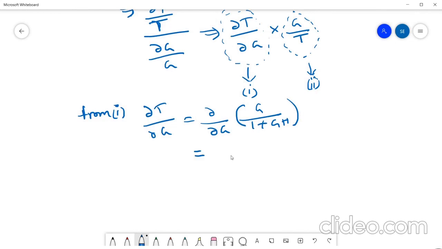So A by B, that means 1 plus GH, G derivative is 1, minus the derivative of this, which is G into H, divided by 1 plus GH whole square.